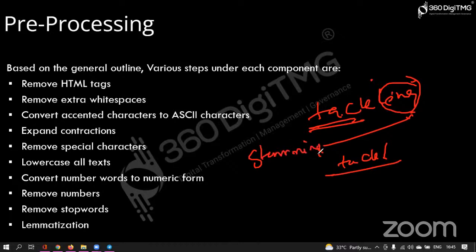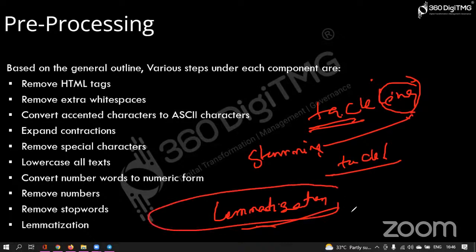To avoid that, we will be going with lemmatization. What does lemmatization do? It will do the stemming work as well as it will look into the dictionary, whether the converted word or root word is in the dictionary or not.